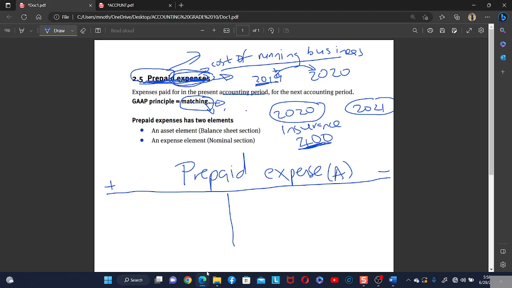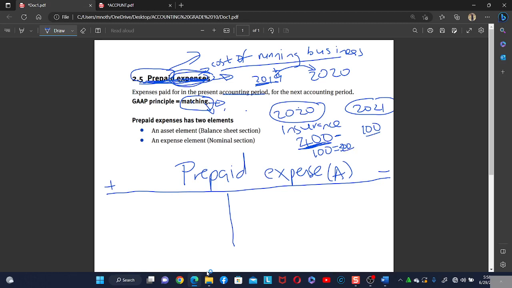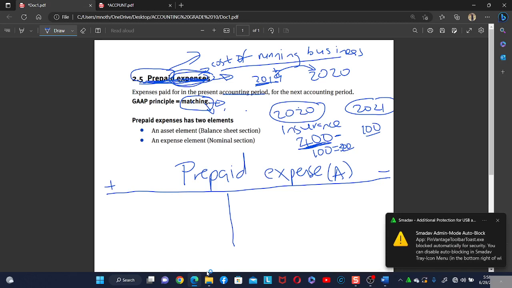So what do we do? Because of the matching, it is saying that expenses should be recorded in a year that they belong in. So this 100 rand belongs in the next year. Therefore, we must subtract it from this 400 rand, and we'll be left with 300 rand. So the insurance in 2020 is 300 rand, and 2021 is 100 rand. So that is a prepaid expense. It's an asset account.